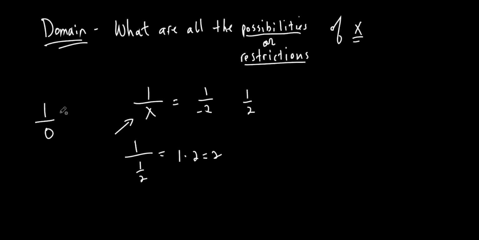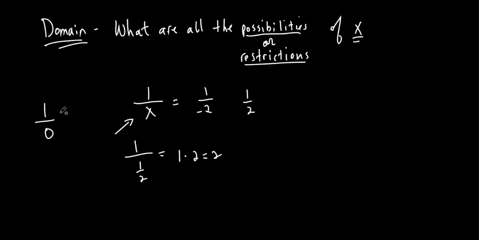Who's got a calculator? Okay, get it out. I don't care if it's on your phone. I want you to see it. Put 1 divided by 0 in your calculator. Somebody tell me what you get. Undefined. Okay, your calculator says undefined.